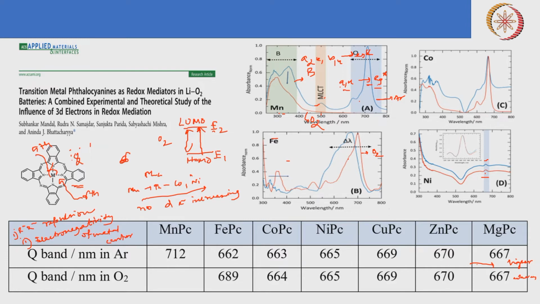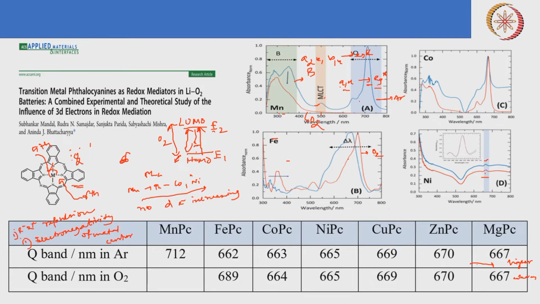As you know, in a row going from left to right, the electronegativity is increasing. If the electronegativity increases, then your HOMO is more stabilized, so the HOMO LUMO band gap will increase. But if d-d electron repulsion is there, then your HOMO energy will increase, so that the HOMO LUMO gap will decrease. So these two things are working in different directions.